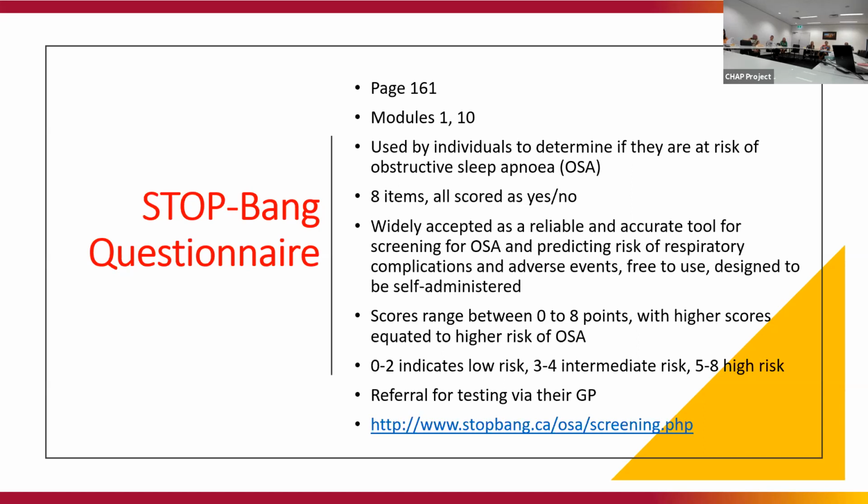The only thing I'll add is, I don't know whether you're aware of what a good score or a bad score is on this scale, but a score of 0 to 2 indicates a low risk of obstructive sleep apnea, and a score of 5 or higher would indicate a high risk. I have included a little link to that particular tool for anyone who is unfamiliar with it, and you can have a go at it and see how you score.